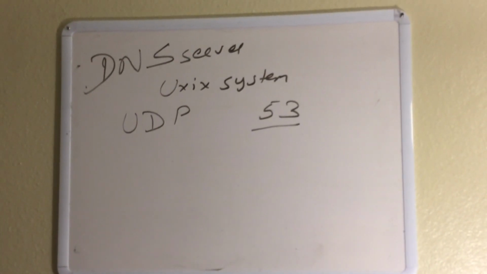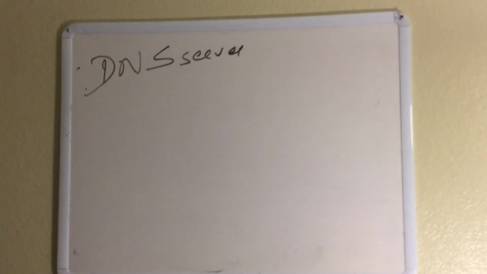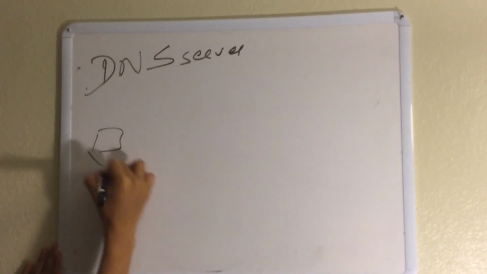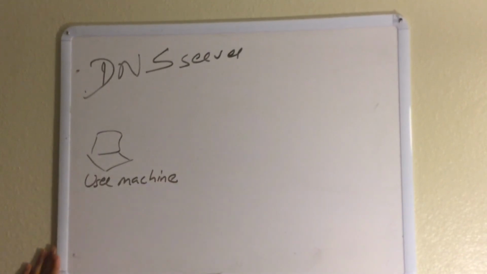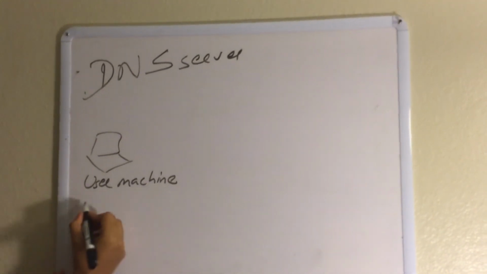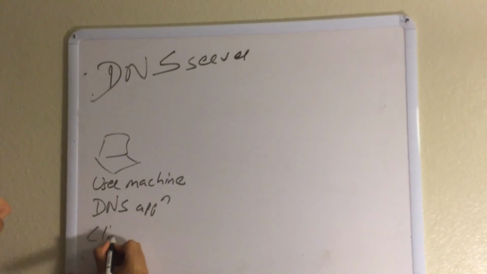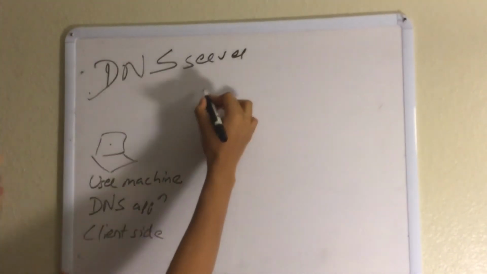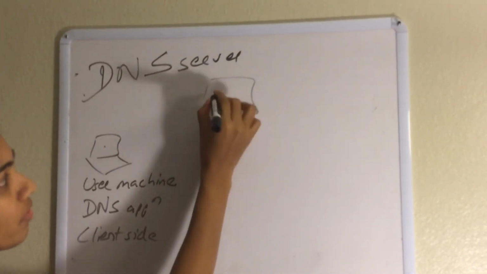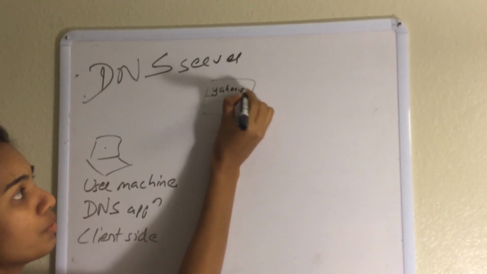Now I can show you the actual working of DNS. Suppose we have a user machine. The client side of the DNS application runs on this machine. Now we have a browser, right? There we simply request some resource, for example, yahoo.com.